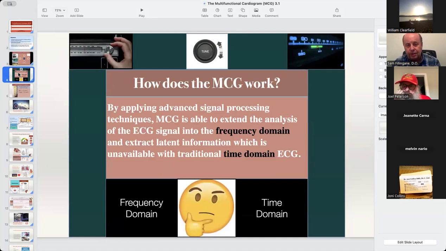Now, one of the reasons this device is able to see so much more than a traditional EKG is that it uses the frequency domain and it removes the time domain. I want you to imagine having a radio, turning the dial and changing the frequency. You get a different station at each frequency.